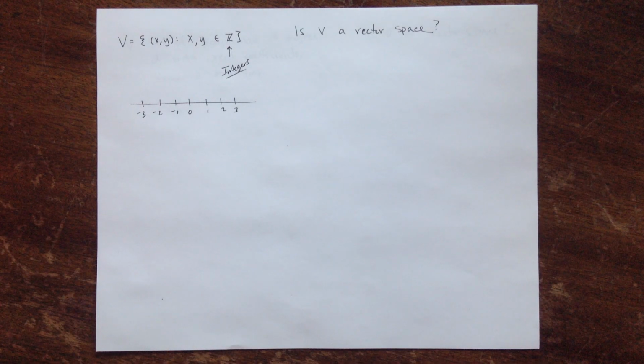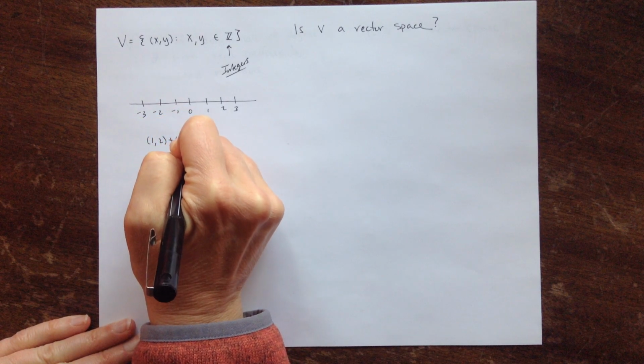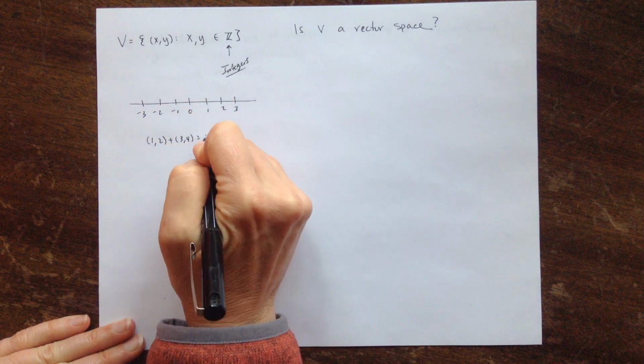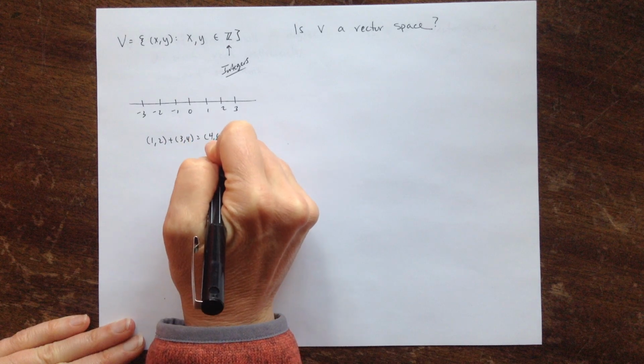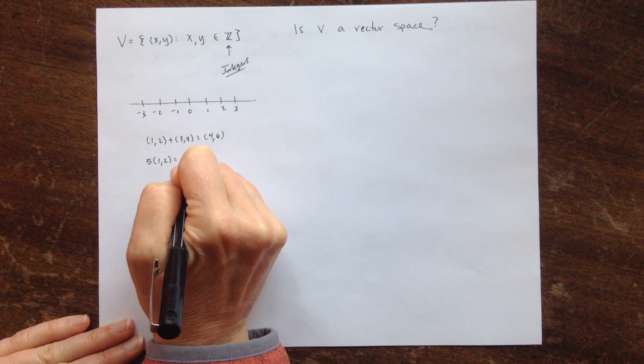So we want to know whether this set, again under the usual, standard operations, is a vector space. If you were to add, say, (1, 2) plus (3, 4), that would be 1 plus 3 is 4, and 2 plus 4 is 6, or if you did 5 times (1, 2), you'd get (5, 10).